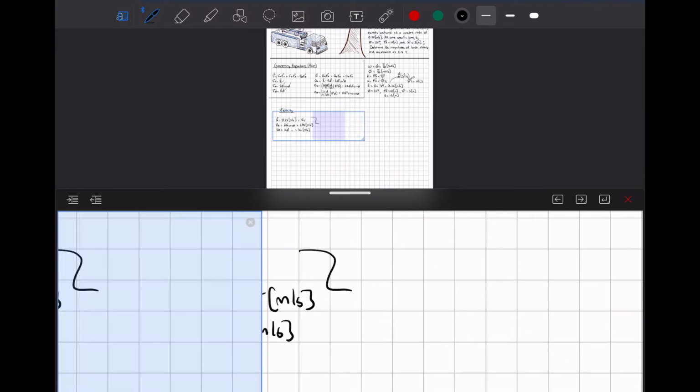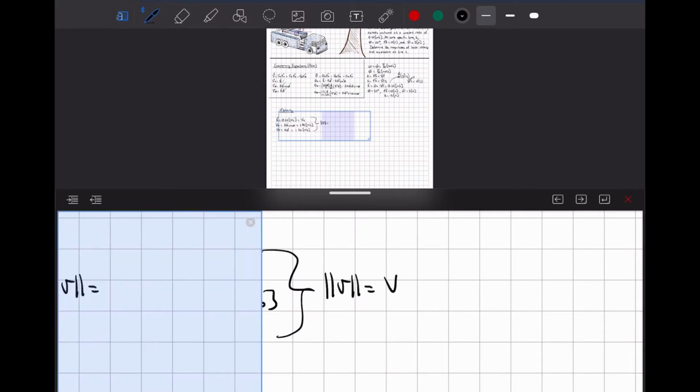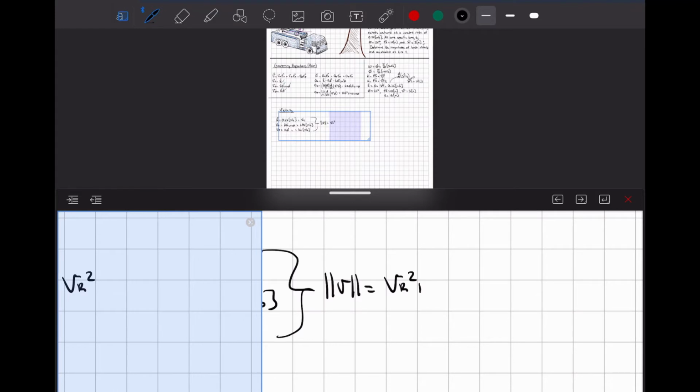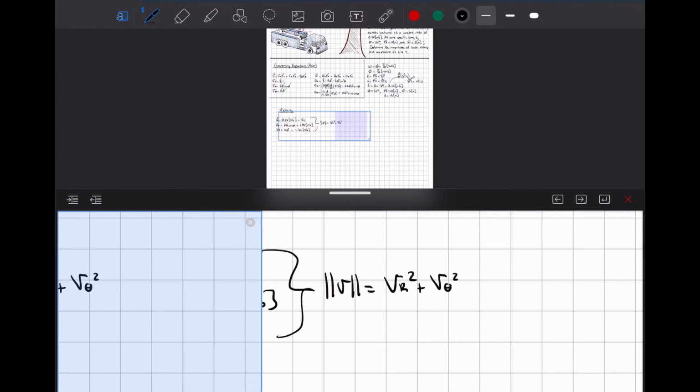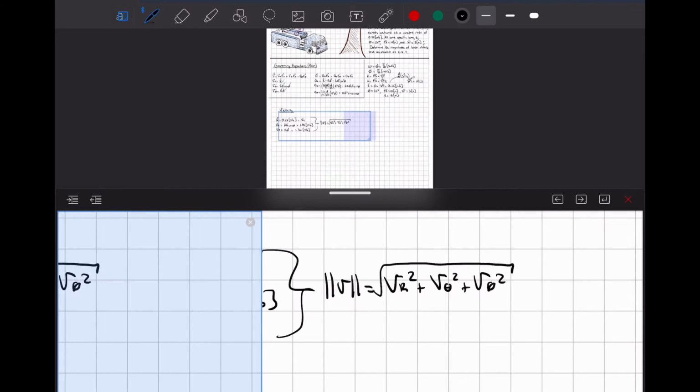Cool. Now, final step. They wanted the magnitude of velocity. So if I do the norm, that's going to be VR squared plus V theta squared plus V phi squared, take the square root of that.